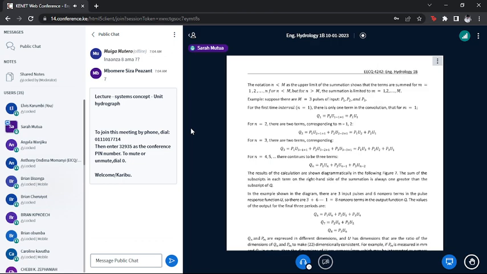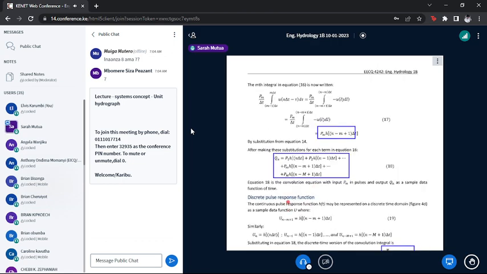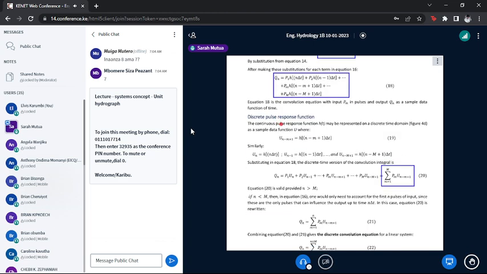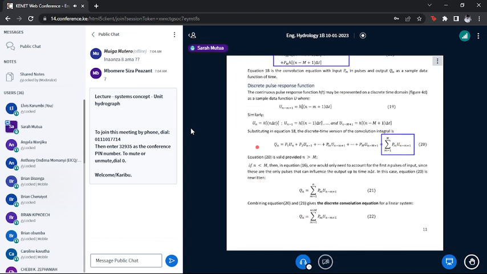And that is what this part says, that this equation 20 is valid even when n, the time when we have measured discharge, is greater than the time when the last rainfall was measured. And this is a very critical equation, and you will see.